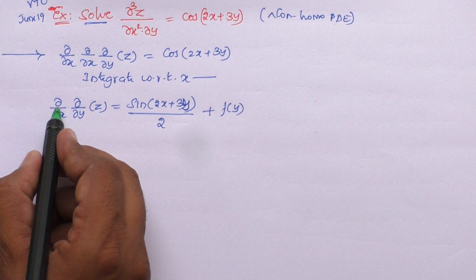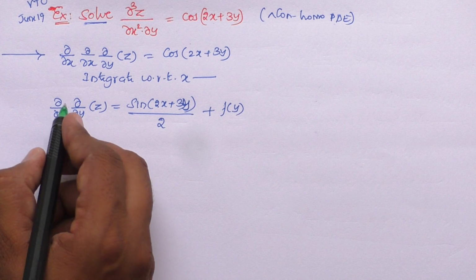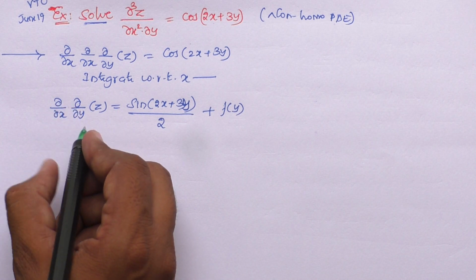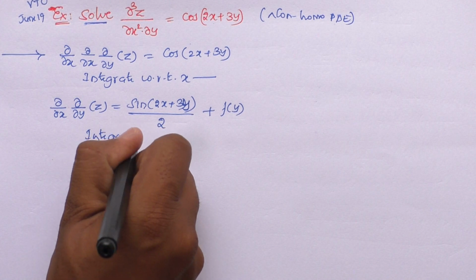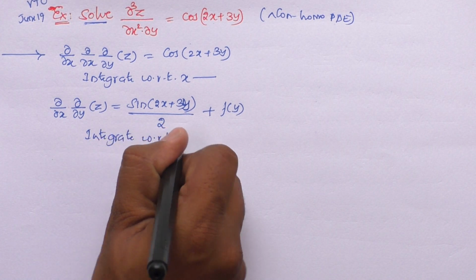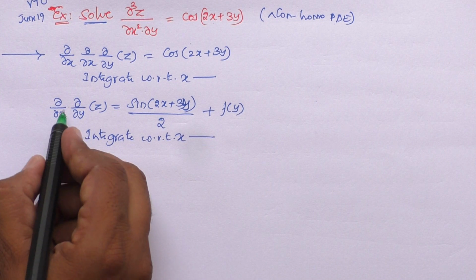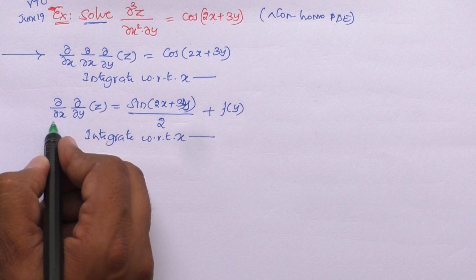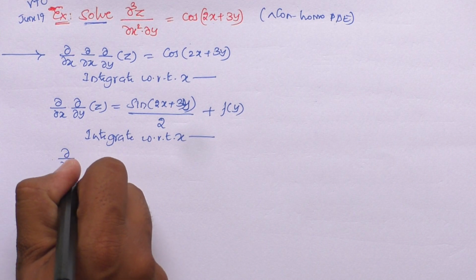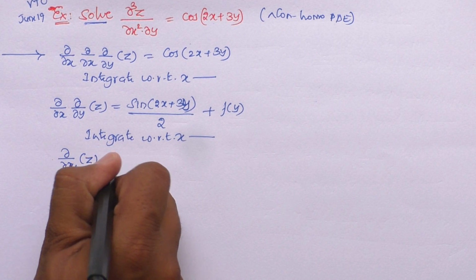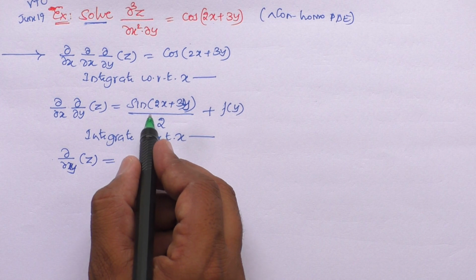Now if you look at this, again we have ∂/∂x. So to remove this, integrate with respect to x. So if you integrate, this derivative will be removed. So you are going to get ∂/∂y of z, that is equal to integration of sine.